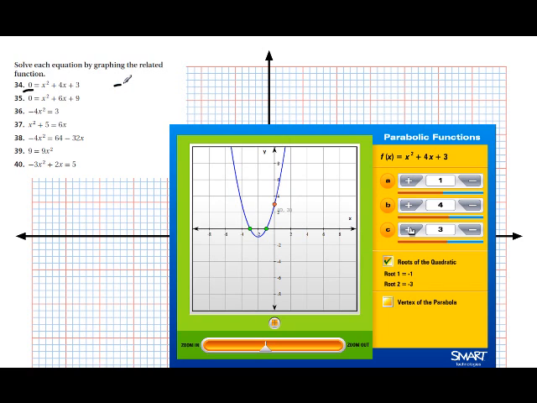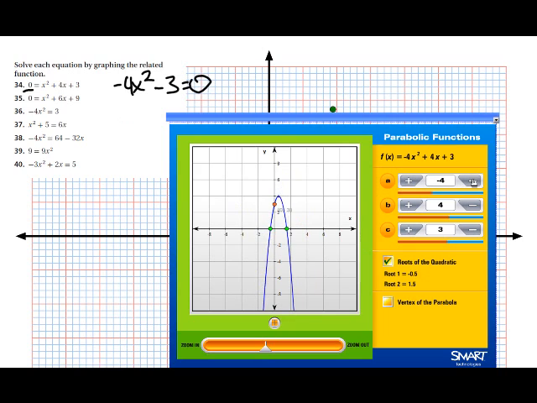We can say this can be negative 4x squared, if we move the 3 to the other side, instead of being positive, it would be negative. So what would that graph look like? Well, let me show you. So minus 4x squared. This would be nothing. Minus 3. And that's it.